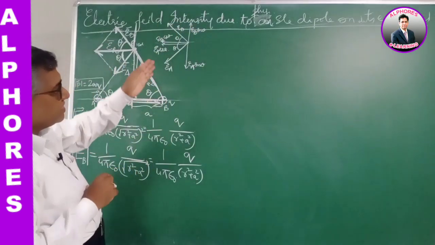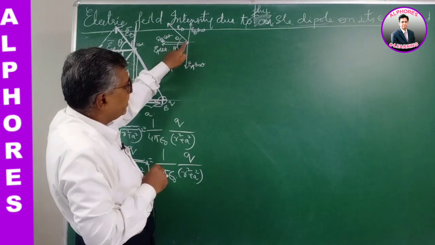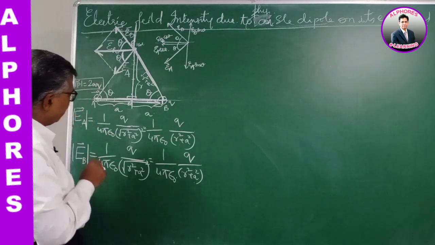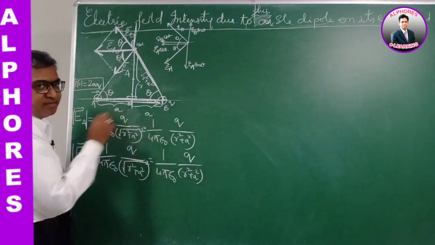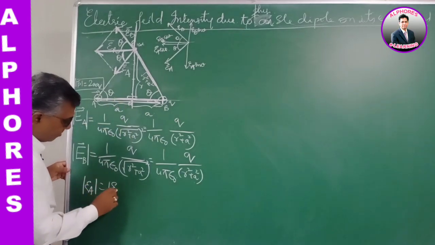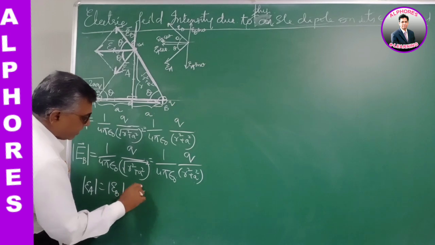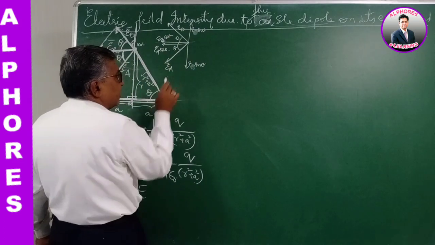Right? Now considering the vertical components, EA sin theta is downward, EB sin theta is upward. But you know, EA and EB both are of the same magnitude. So mod EA is equal to mod EB is equal to, let us say, E. Then this is E sin theta and this is also E sin theta.